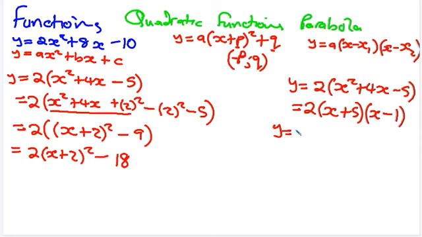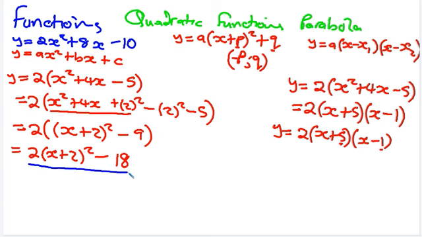So y is equal to 2 bracket x plus 5 and x minus 1. Now, this is 5 and 1. This is going to be negative 5 and positive 1. That is your x-intercepts.